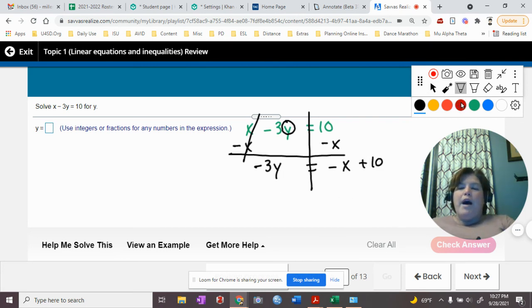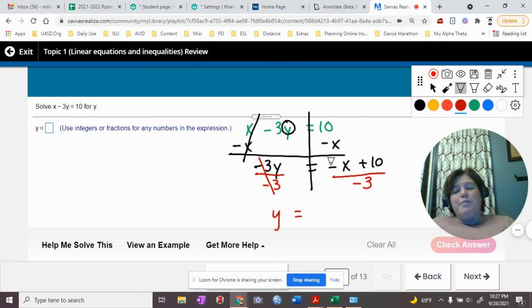To get my y by itself, I need to undo that multiplication by dividing. Now here, make sure you take your sign with you. The sign matters when we're multiplying and dividing, so make sure you take that with.